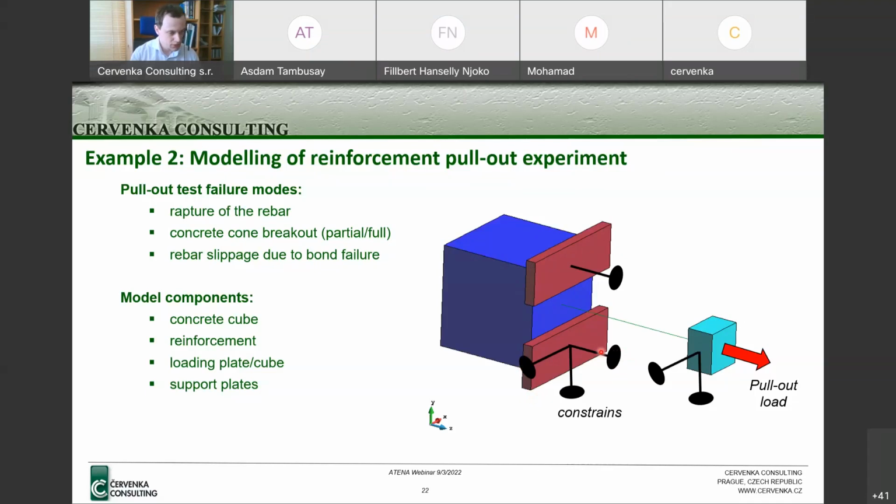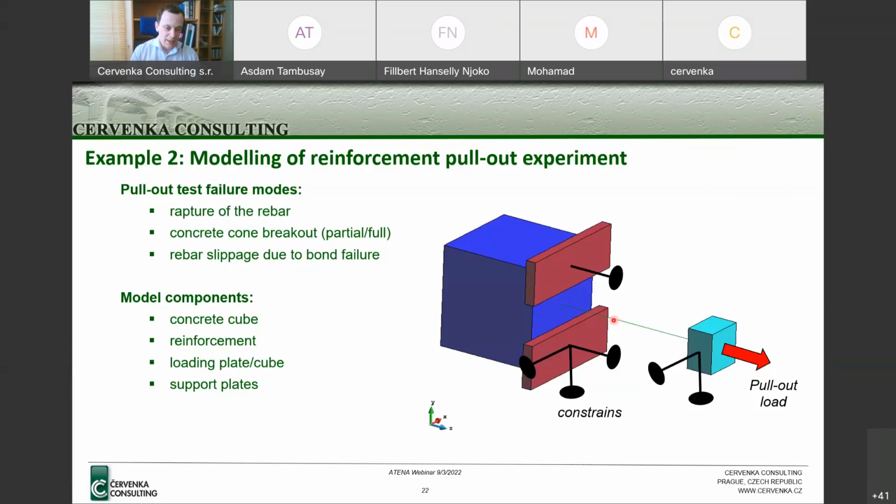Based on my understanding, this kind of experiment usually ends up in three possible scenarios. Either if the reinforcement is too weak, it will first start yielding, and then the rupture of the reinforcement will occur.